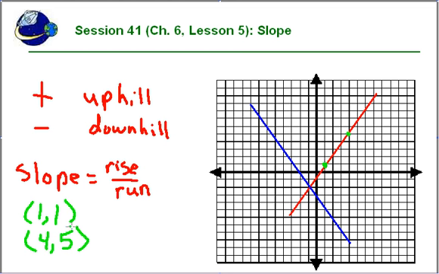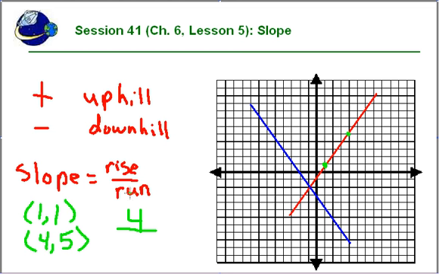Well, the y-coordinate of that point is 1. And we go to the second point that's on this line that we're using. What is the y-coordinate for that point? Well, the y-coordinate for that point is 5. What is the difference between positive 5 and positive 1? Well, 4 is the difference. 5 minus 1 being 4.